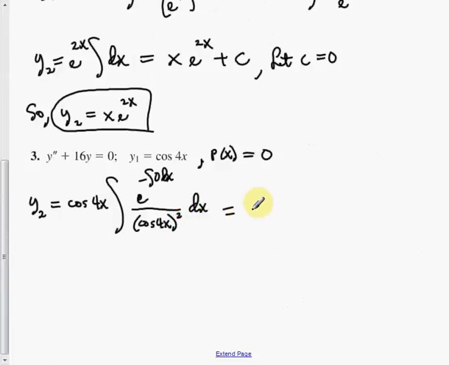So this is equal to cosine 4x times e to the 0, which is just 1. So 1 over cosine squared is secant squared. So this is just secant squared 4x dx. Oh, it's a 4x, sorry.